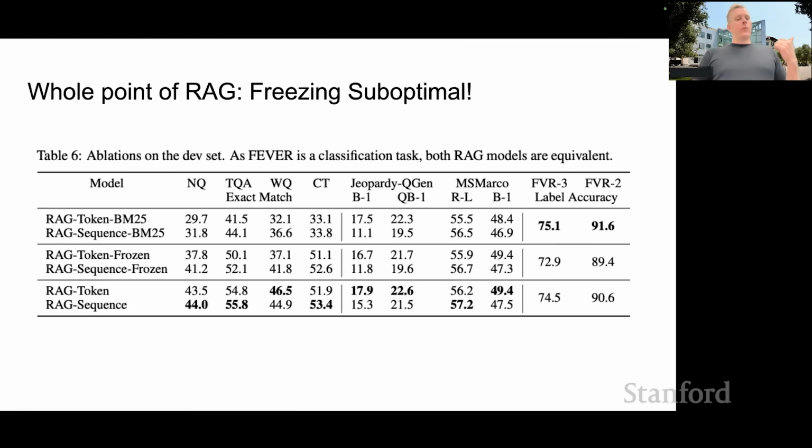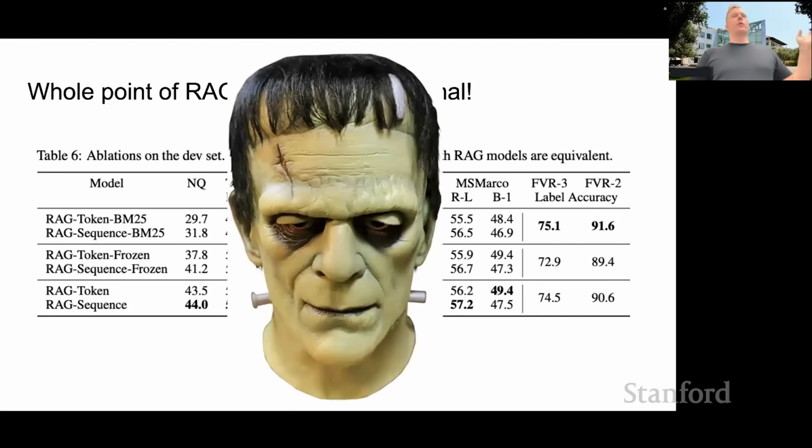At my company, Contextual, we call this frozen thing Frankenstein's monster, because you cobble together these different pieces. You just put it together and it sort of walks, but it doesn't really have a soul. It doesn't really actually work. It's not the real thing. So that's great for everyone here, I think, because there are so many opportunities to do better than what most people are using right now.